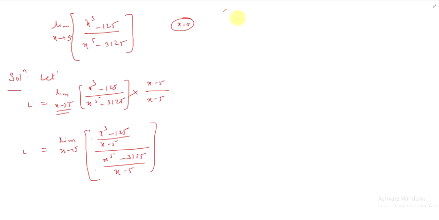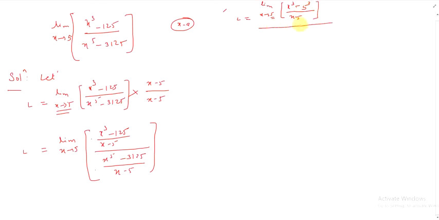let us consider L is equal to, for the numerator, limit x tends to 5, and we have to reduce the given function to the form x raised to n minus a raised to n. So 125 is the cube of 5. Here the limit is x tends to 5, therefore our factor should be x minus 5. This is about the numerator.